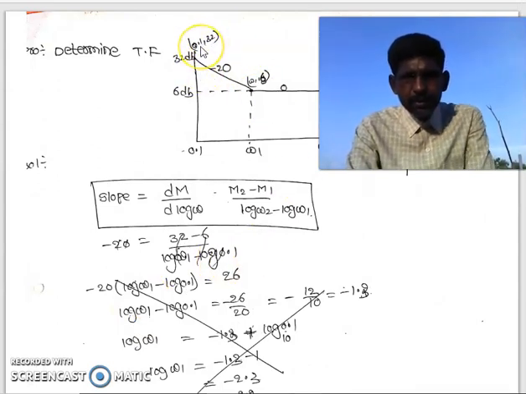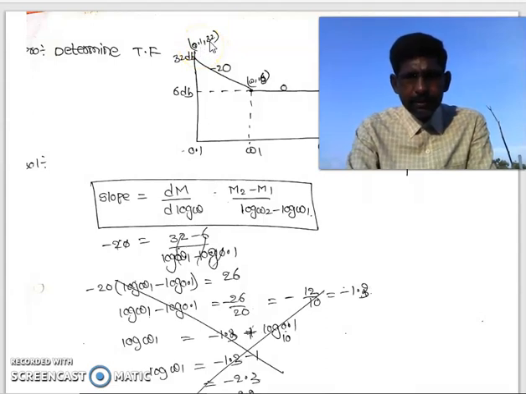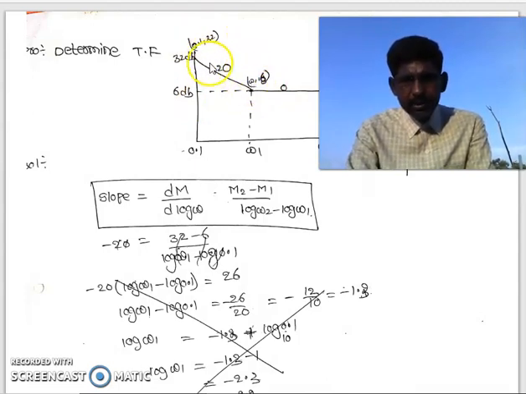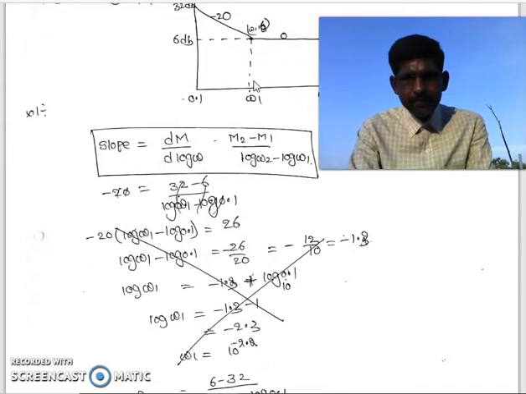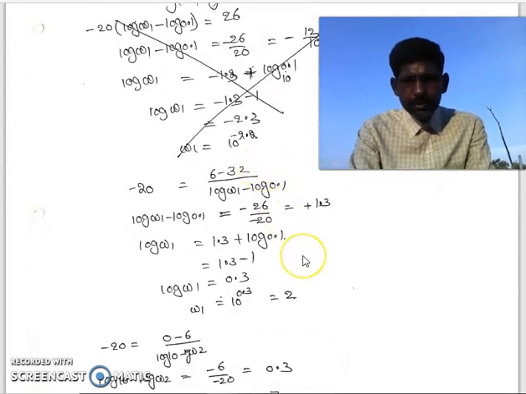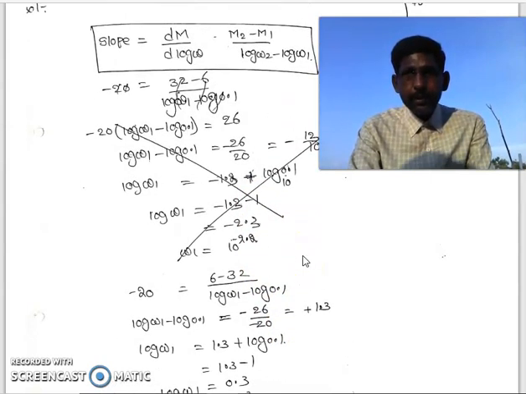So here the points are 0.1 comma 32 and omega 1 comma 6. We can equate it, knowing the slope and the two end points, and calculate the x coordinate, that is omega 1. Omega 1 is 2.